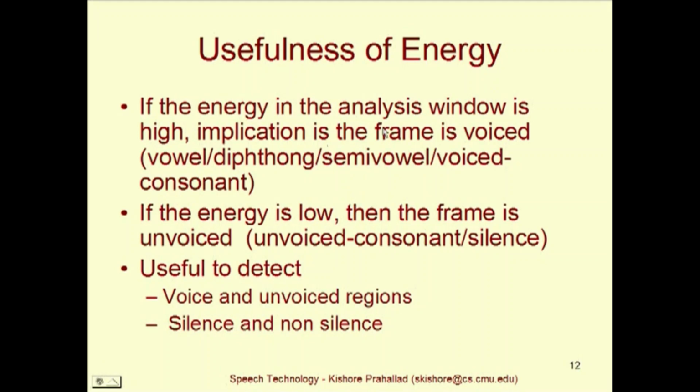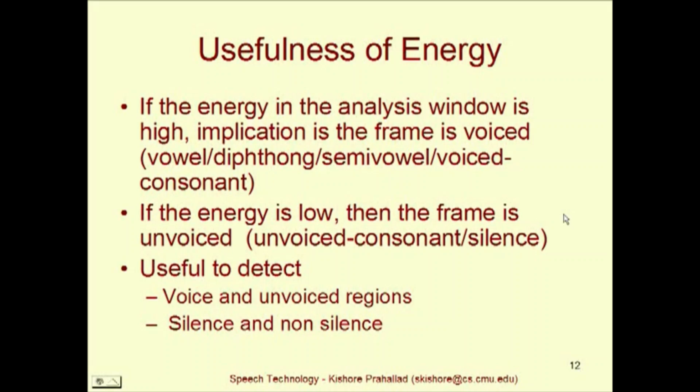If the energy in the analysis window is high, then it implies that the frame we are talking about is voiced. That means it can be a vowel, diphthong, semi-vowel, or voiced consonant. If the energy is low in the analysis window, and the analysis window is also referred to as a frame here, then the frame is unvoiced.